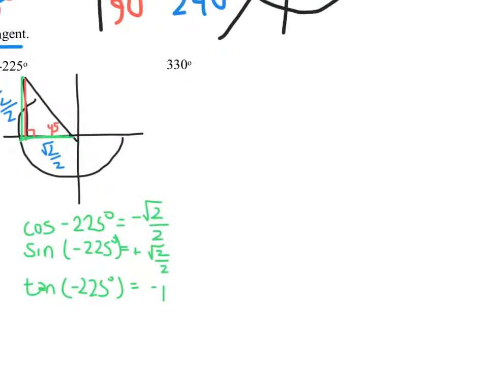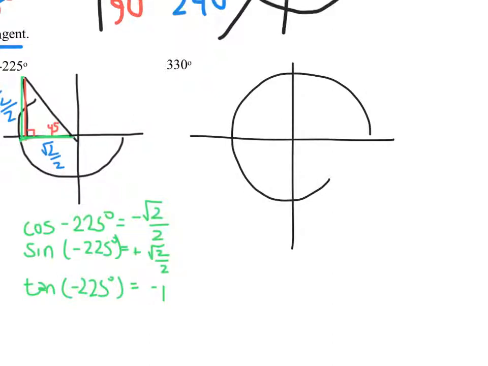Okay, then 330. So 330 degrees is going to be 30 degrees short right here. So this is my 90, 30. So in a 30, 60, 90, opposite the 30 is 1/2, and opposite the 60 is root 3 over 2.